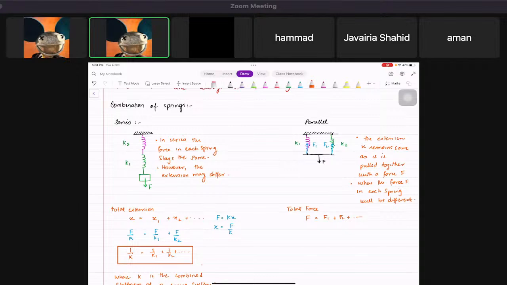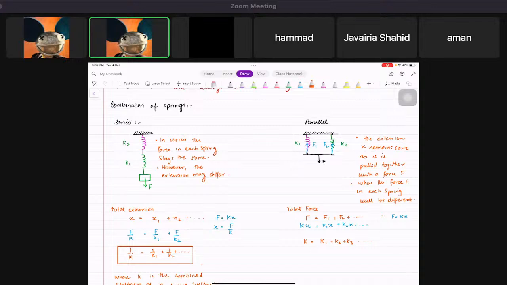Now, since we know that F is equal to Kx, so I can just put it here. So there will be Kx, this will be K1x, this will be K2x, and so on. So you can cut off x because the extension in the system is the same. So ultimately, you're gonna get K equals K1 plus K2 plus K3 maybe, right?